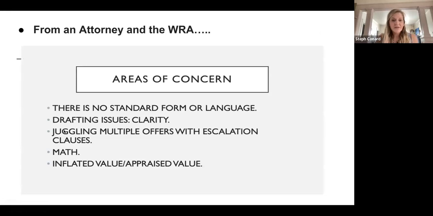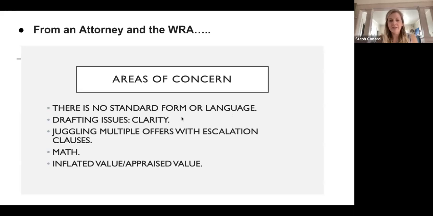I'm going to just highlight two areas of concern, and this is from an attorney and the WRA. We've eliminated the concern for standard form or language with the adoption of the Addendum AC. That is why they have issued this, because we do want a standard form and language for all parties, all brokers to be using.